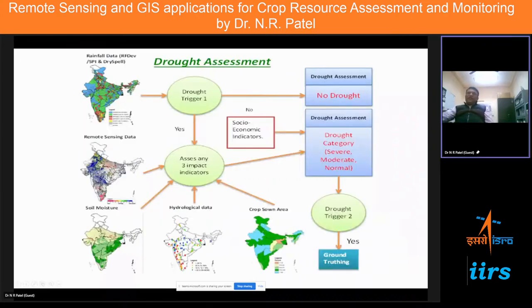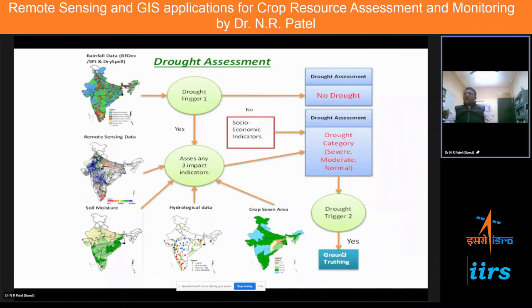So the assessment is: first trigger, mainly SPI and rainfall deviation. Then remote sensing data, mainly soil moisture. Then crop condition, soil moisture, and hydrological performance, mainly groundwater and other things. If out of the three categories it is severe, then it is severe, and if 2, then moderate. Then based on ground verification, we finally declare whether a severe or moderate category of drought occurs in the particular area.